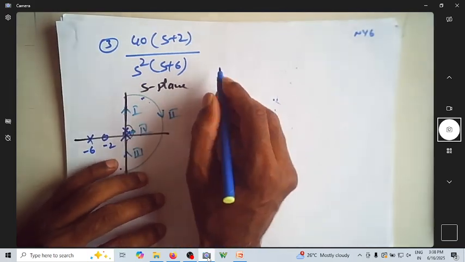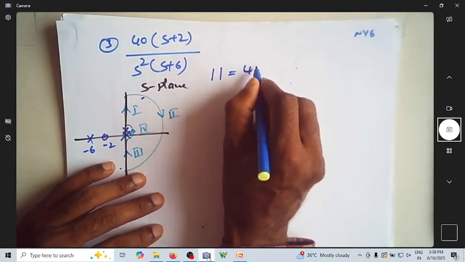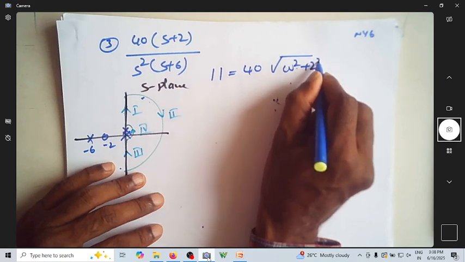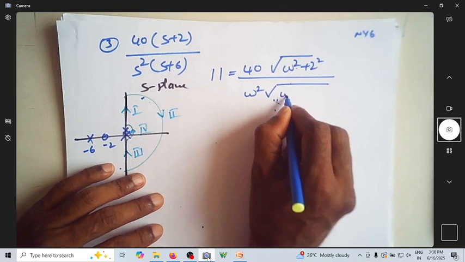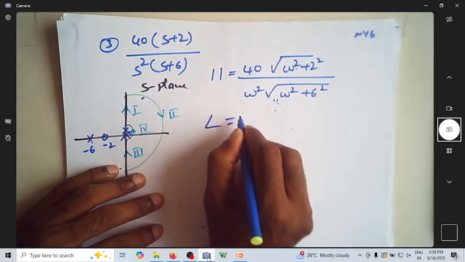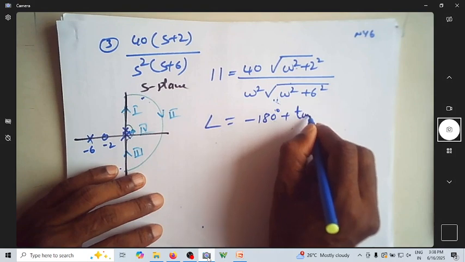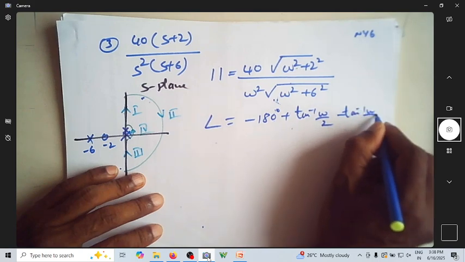If I try to write the first segment mapping, the magnitude will become 40 into under root of omega square plus 2 square, divided by omega square into under root of omega square plus 6 square, and the phase angle will become minus 180 degree plus tan inverse of omega by 2 minus tan inverse of omega by 6.